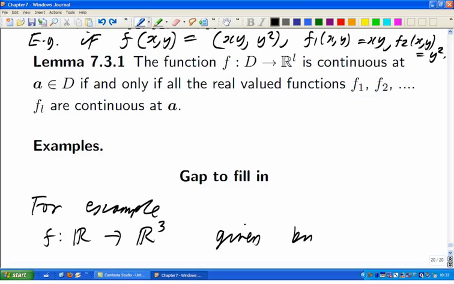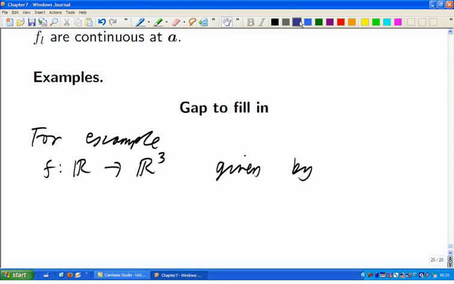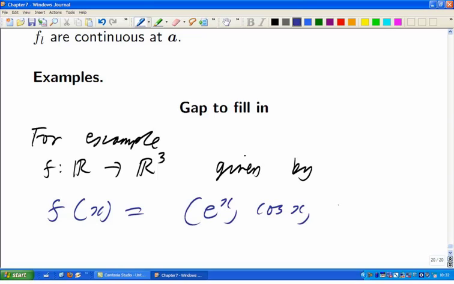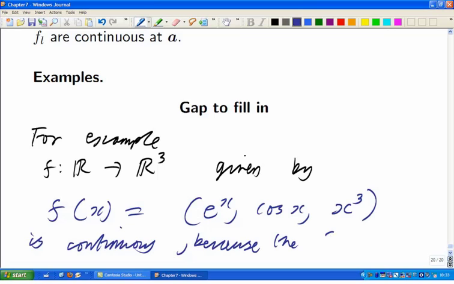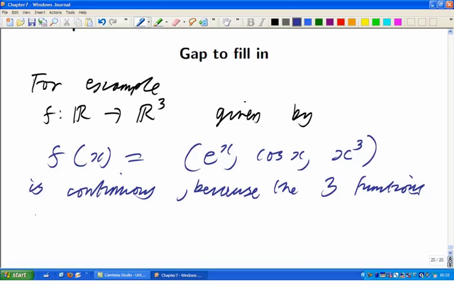So if you want to check that a particular function is continuous, for example, f from R to R cubed, and I'm writing down random functions again, given by f of x equal to (e to the x, cos x, x cubed), it is continuous because the three functions that make it up are continuous.